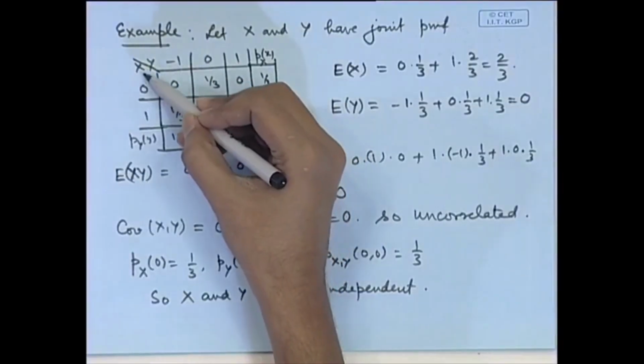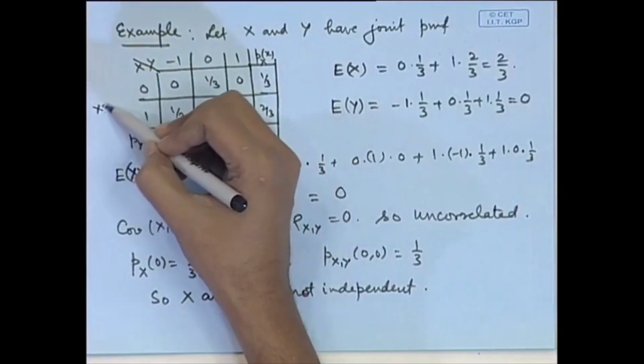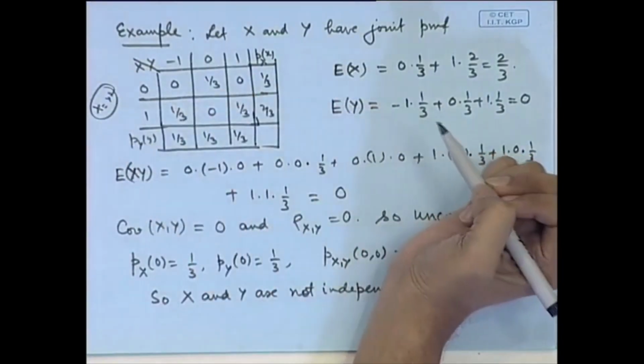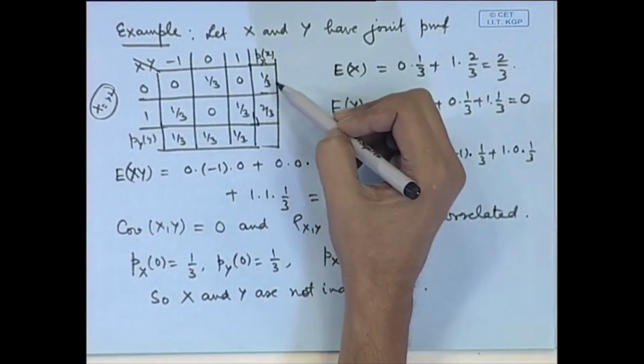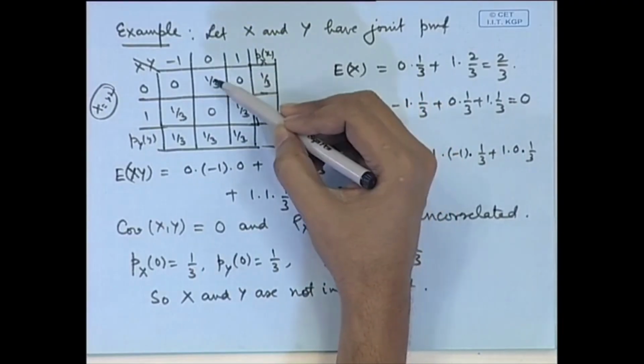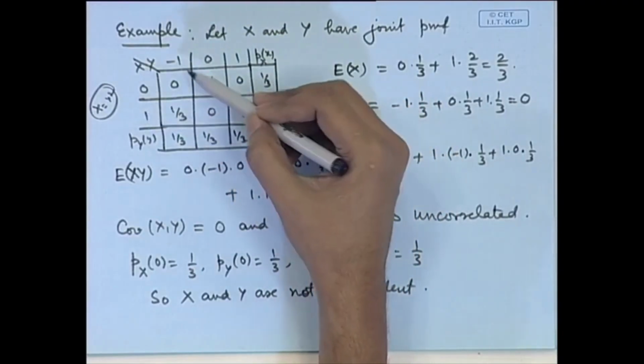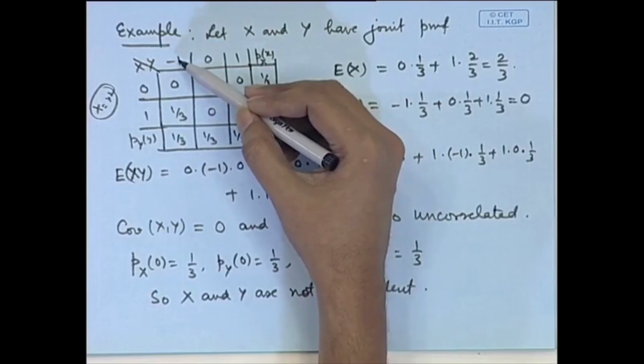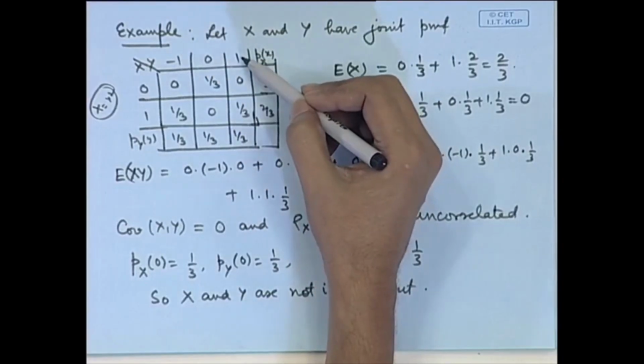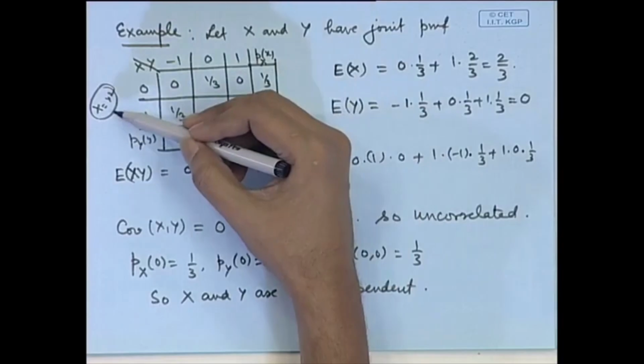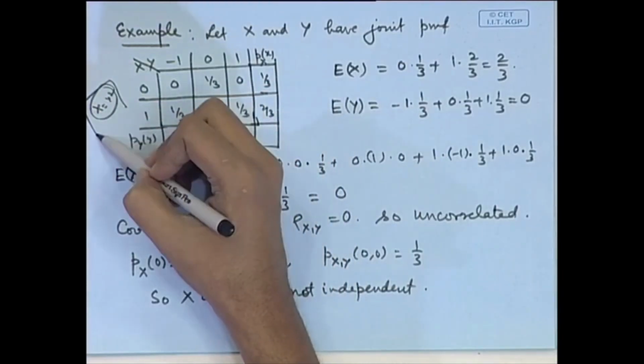So, if they do not have a linear relationship, the random variables may become uncorrelated, but that does not mean that they are independent. For example, even in this problem, it may happen that x is actually y square, because the probability that x equals 0 is the same as the probability that y is equal to 0, and the probability x equal to 1 is the sum of the probability y is equal to minus 1 and probability y is equal to 1. So, this could be a non-linear relationship.